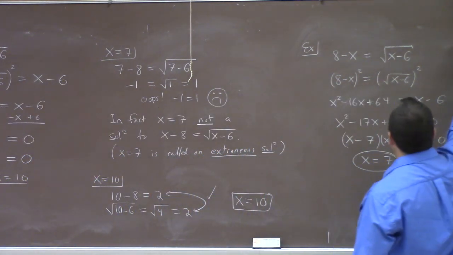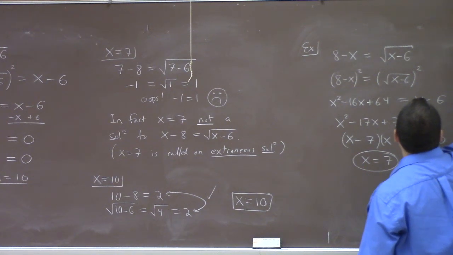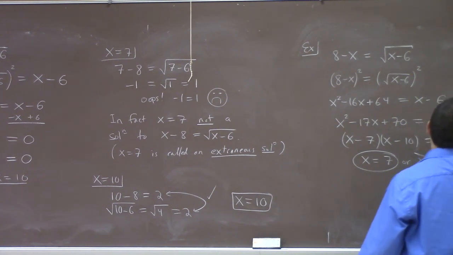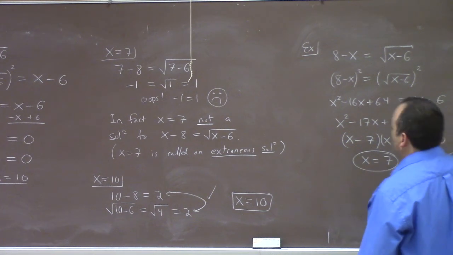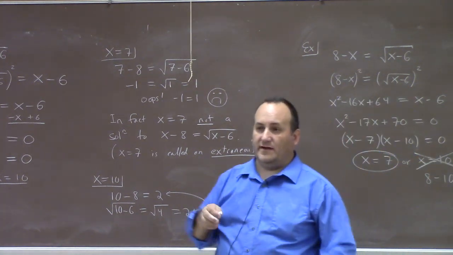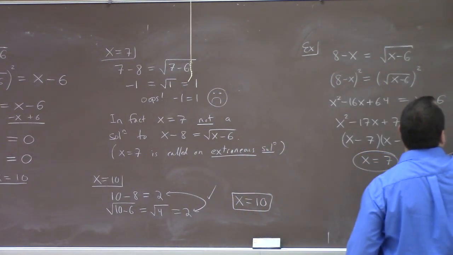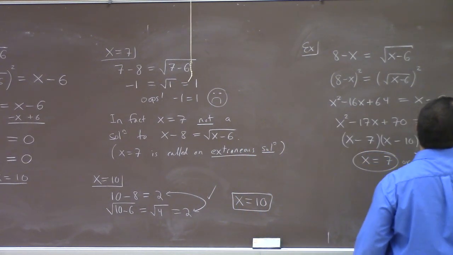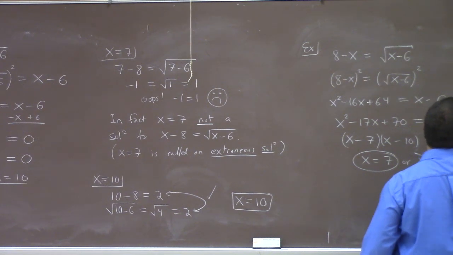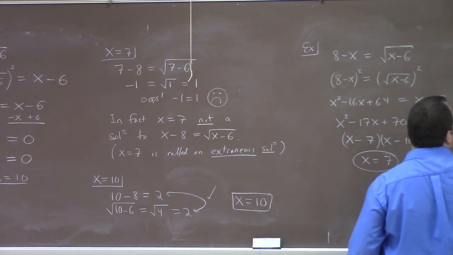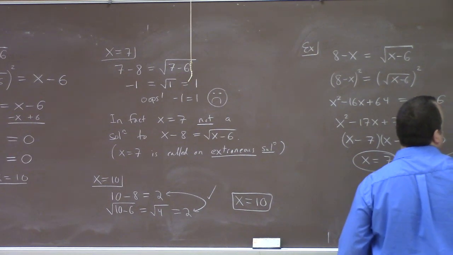It can even happen when you've only got just one thing. For example, if I had minus 3 equals the square root of x plus 2, I square both sides. I get 9 as x plus 2, right? So x is equal to 7.